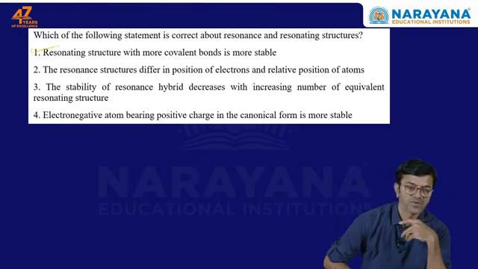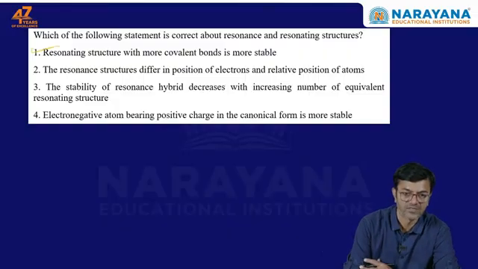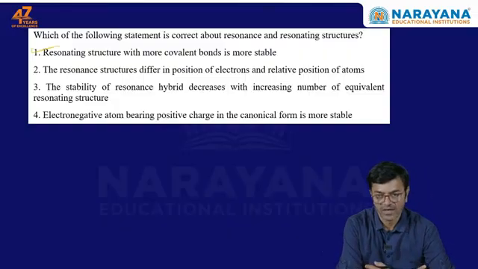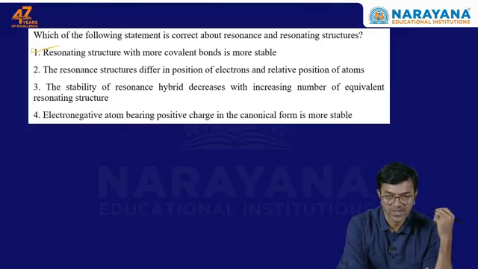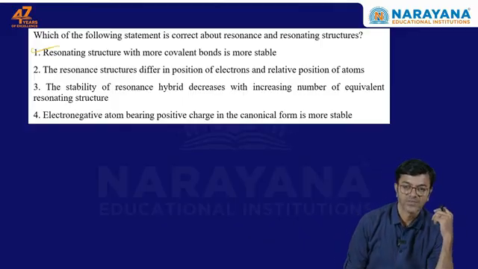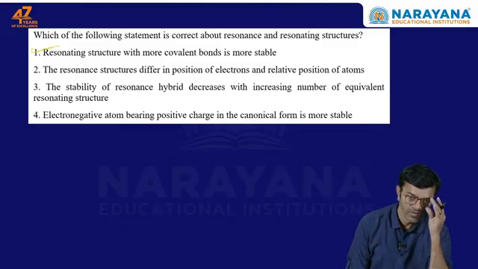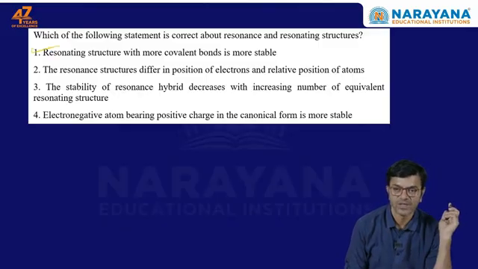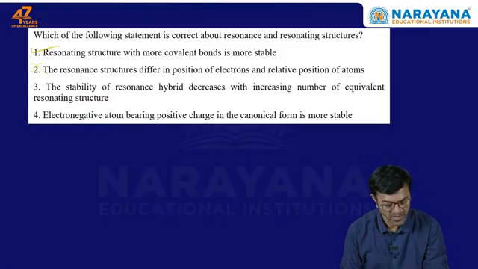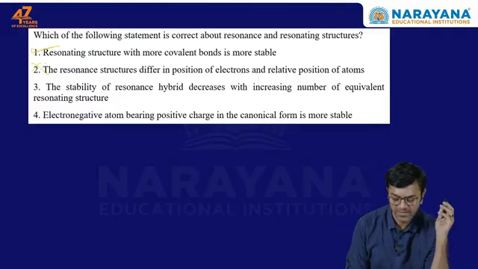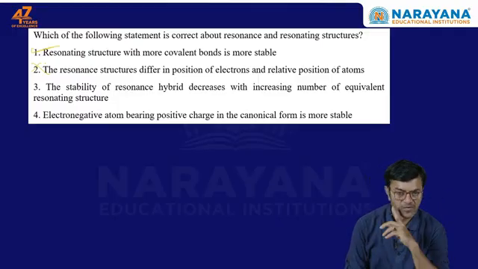And if you go to the second statement, resonance structures differ in position of electrons and relative position of atoms. In rules of resonance, we have seen resonance definition itself says that without changing the position, we are allowed to change only pi electrons. So he's saying that position of atoms also different in resonating structure, so that is incorrect. Stability of resonance hybrid decreases with increase number of equivalent resonating structures.